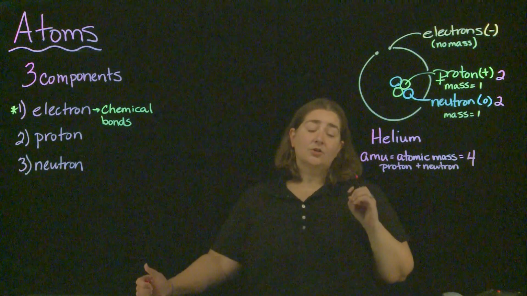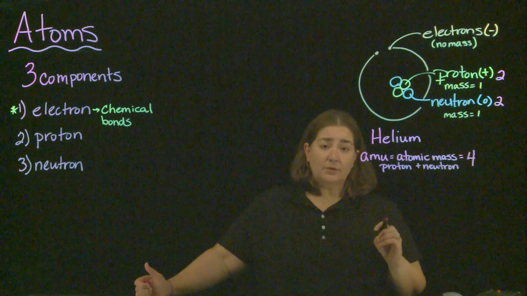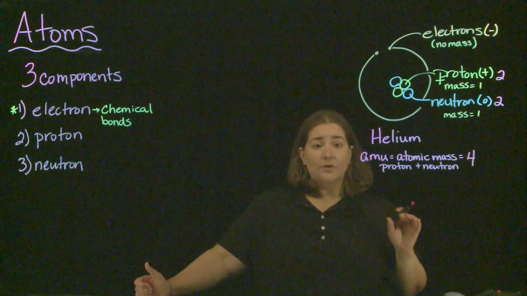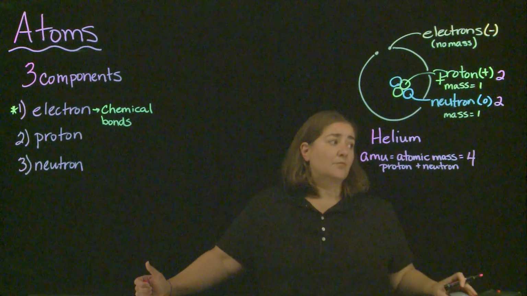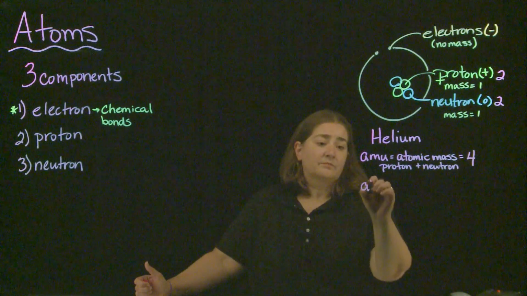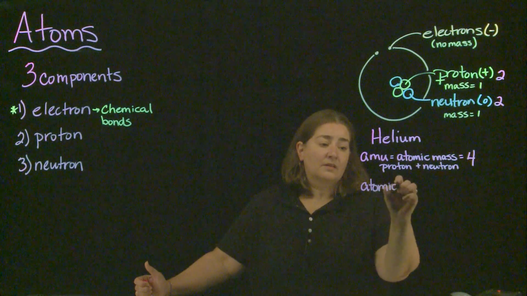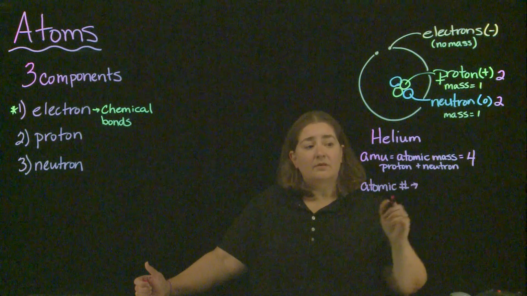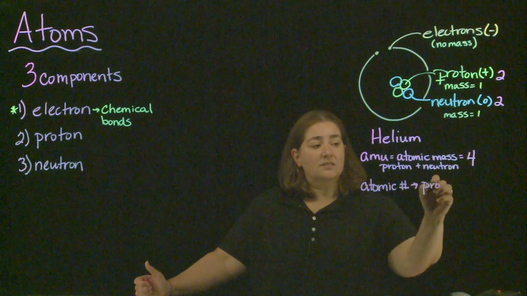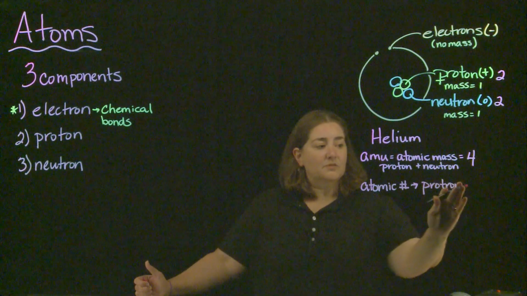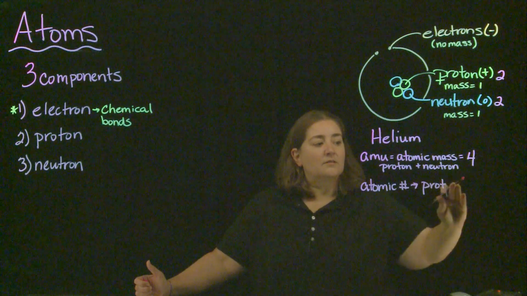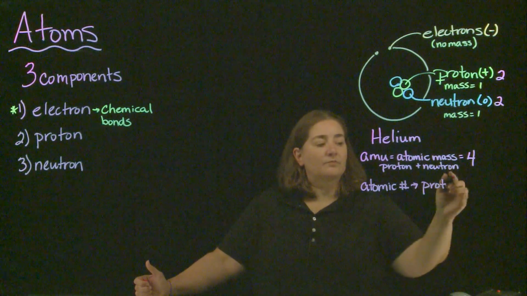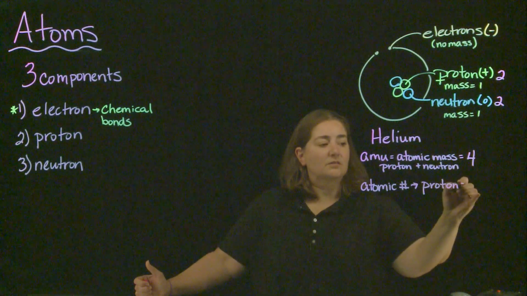The other thing that you're going to want to know associated with the periodic table of the elements is going to be the atomic number. Okay? The atomic number is based off just the number of protons, there's no second R in protons.